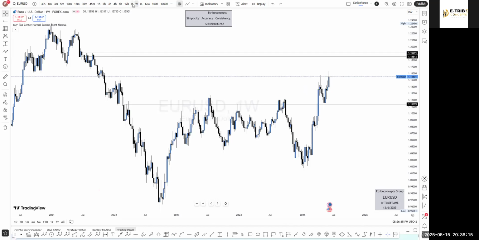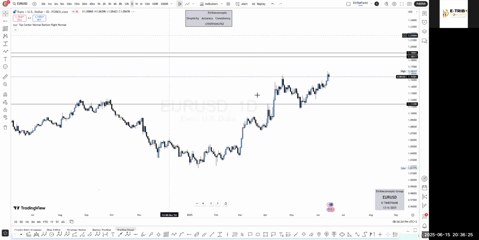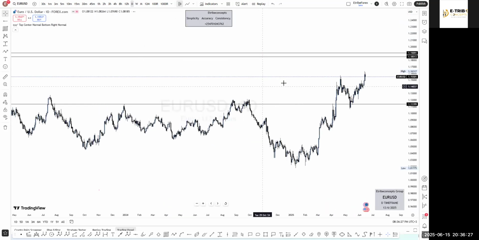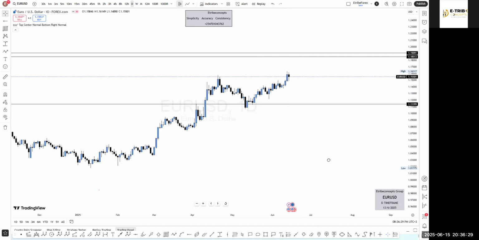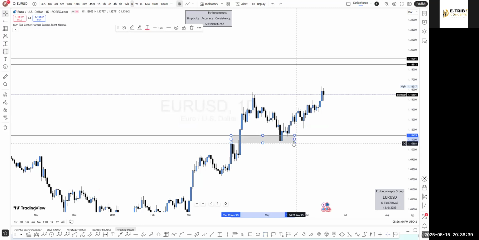Now, looking at the daily time frame, factoring in time frame coordination because I was being guided by the monthly structure. On the daily time frame, I see price reacted on this pure liquidity. This is what you call pure bullish, for those who understand the structure of the market.